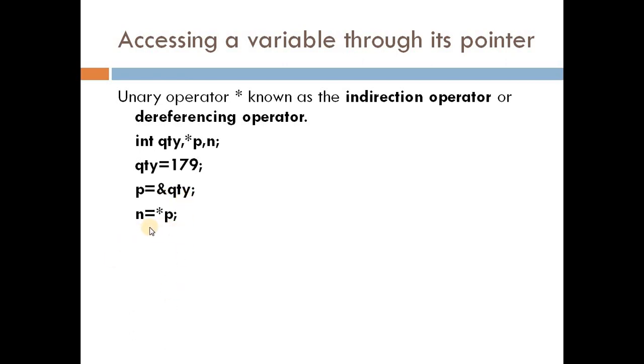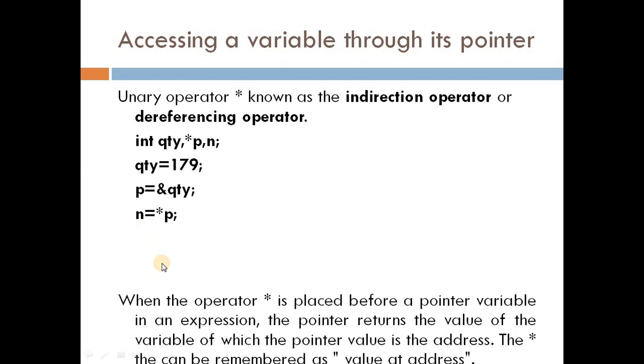Now here you can see how we are going to access a variable through its pointer. n is equal to the value stored at address 5000. I repeat, n is equal to the value stored at address 5000. p stores the value 5000. Okay, what is the value stored at address 5000? It is 179. So n will be initialized with 179.